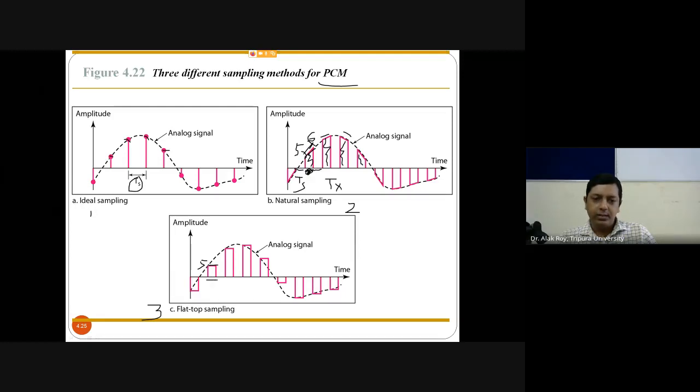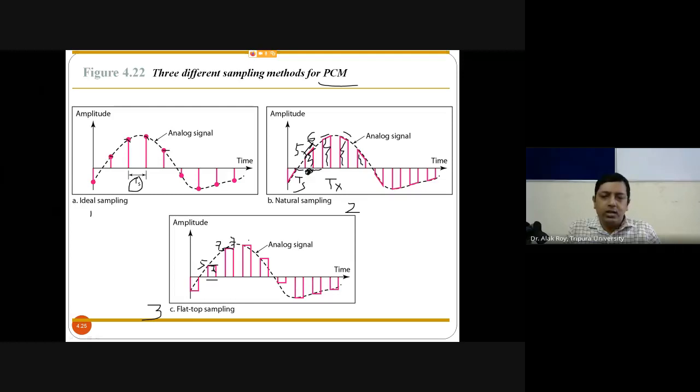For the next position, say it is 7, the top will be flat, and for that time frame it is 7 only. That is known as flat top sampling.